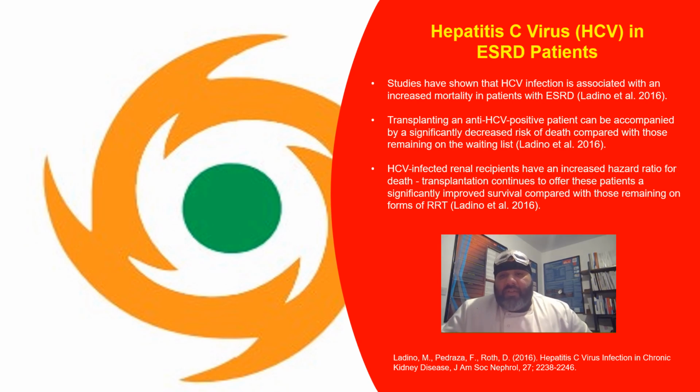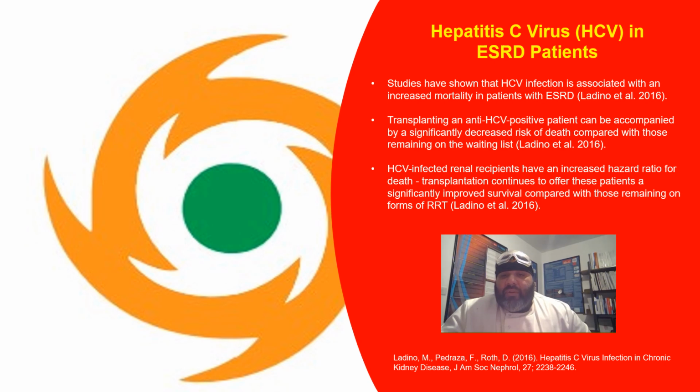Investigations have identified that HCV infection is associated with an increased mortality in patients with ESRD, and transplanting an anti-HCV positive patient with ESRD is accompanied by significantly decreased risk of death compared with those remaining on the waiting list.